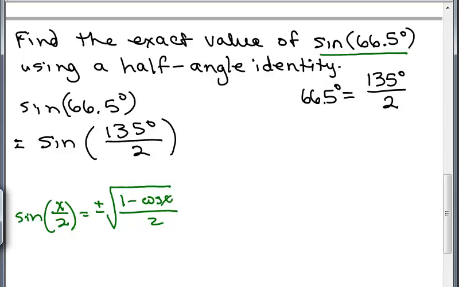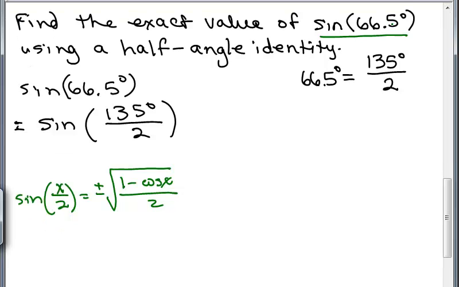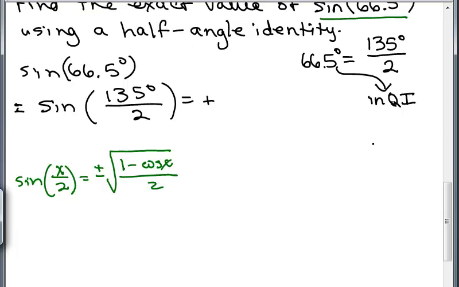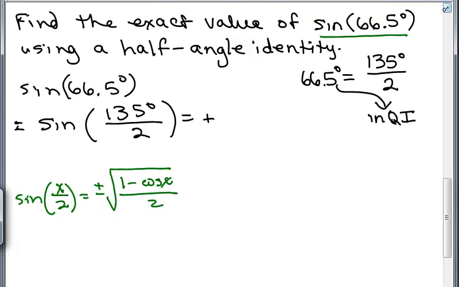Since 66.5 degrees is in quadrant 1, everything's positive in that quadrant. So I could go ahead and say it's going to be positive. It's not based on 135 degrees, it's based on the original angle. All right, so just keep in mind that 66.5 degrees, it's in quadrant 1, where the sign is positive.